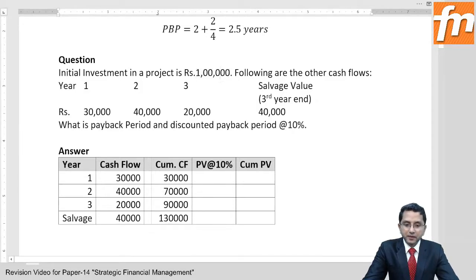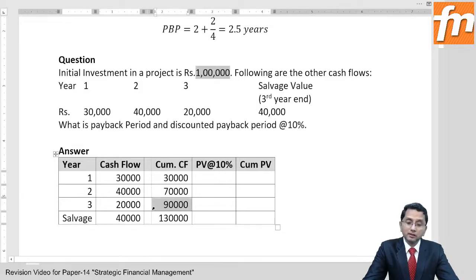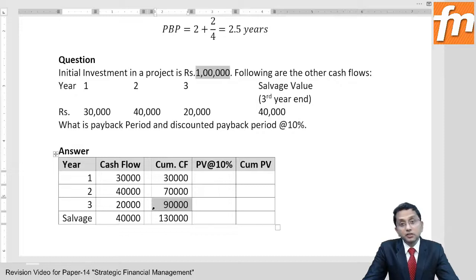Now by the end of second year, I recovered 70. This one is also insufficient. By the end of third year, I recovered 90,000. This is also insufficient. If you ask me now, what is my total cumulative cash flow in 2.5 years?